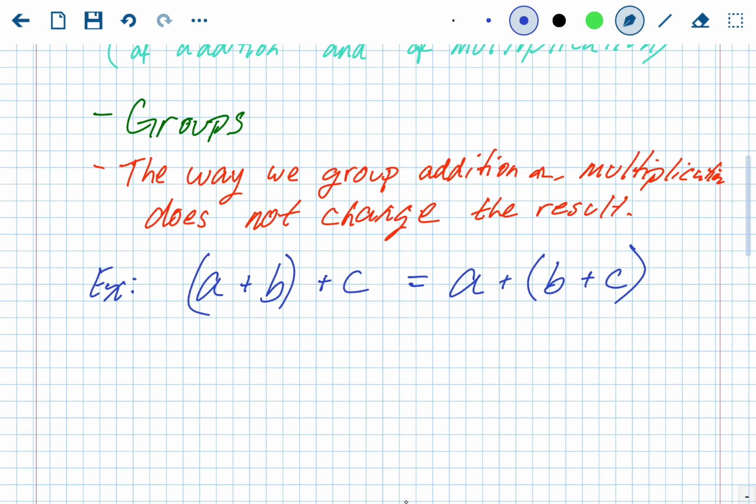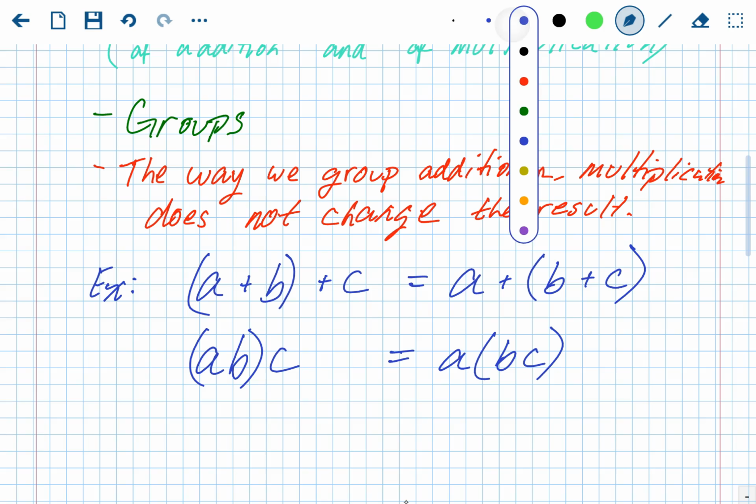Okay. And like I said, the same thing applies for multiplication. If you have A times B in parentheses and then times C at the end, you'll get the same result. Again, it doesn't matter what A, B, and C are, as if you would have grouped B and C together. Okay. Now notice in both of these examples, the order of A, B, and C did not change. Okay.